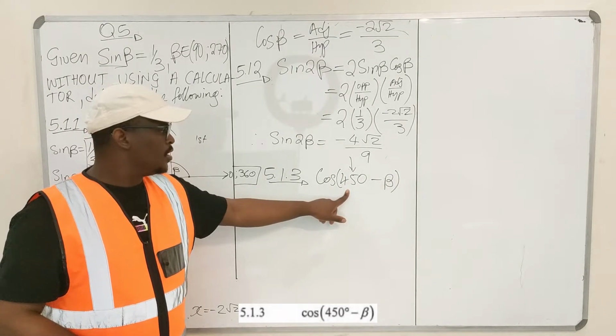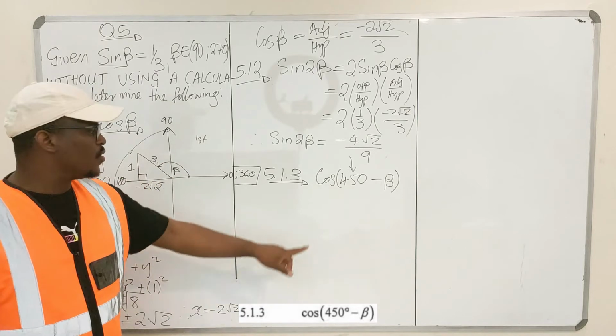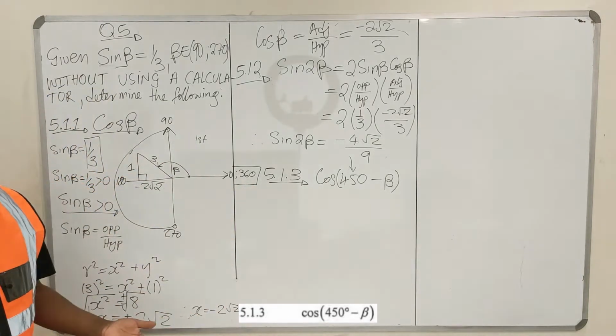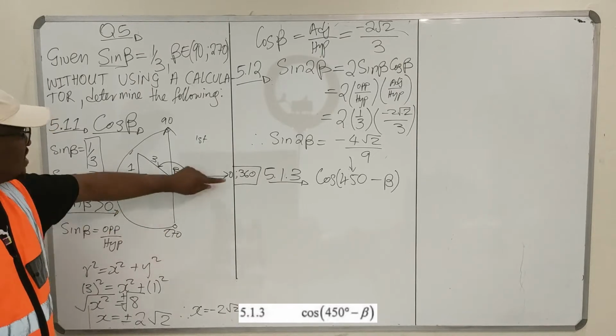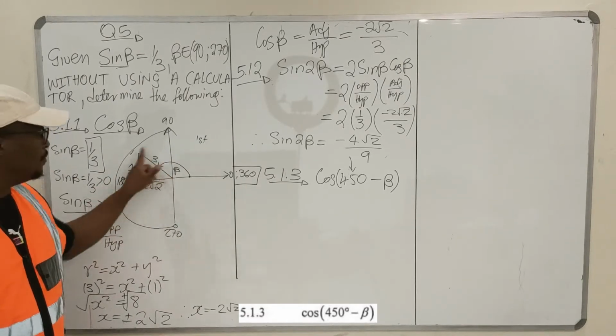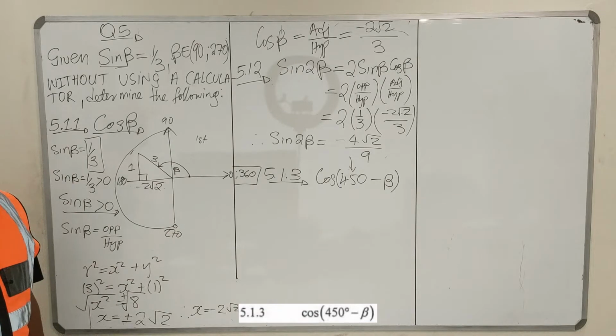I'm not comfortable working with an angle above 360. I would rather have something between 0 and 360, something that falls within this boundary.